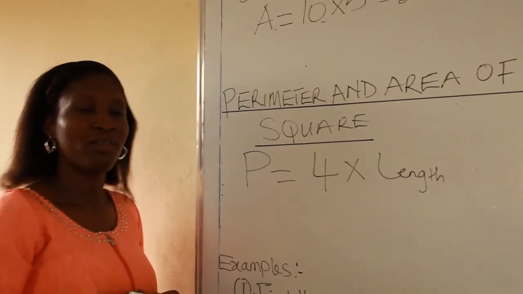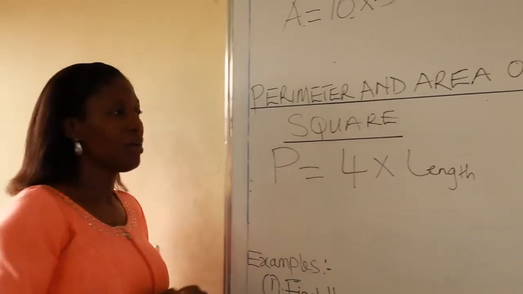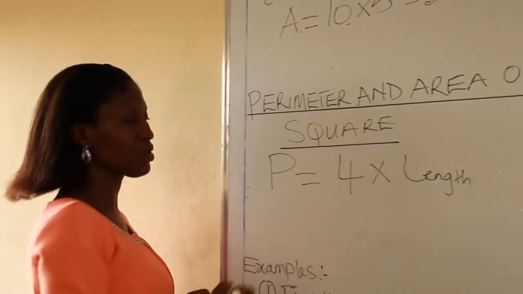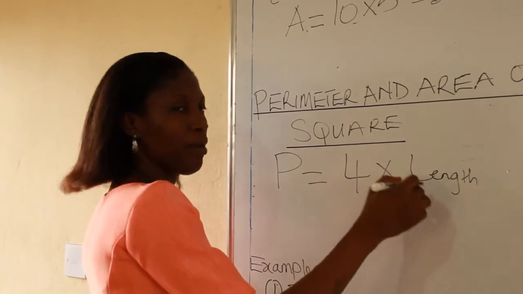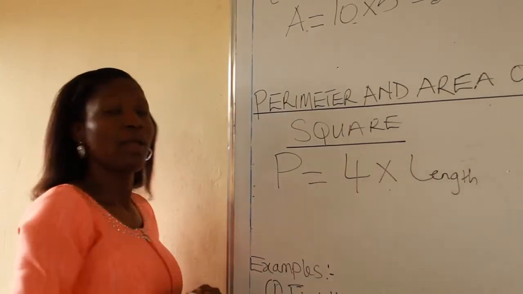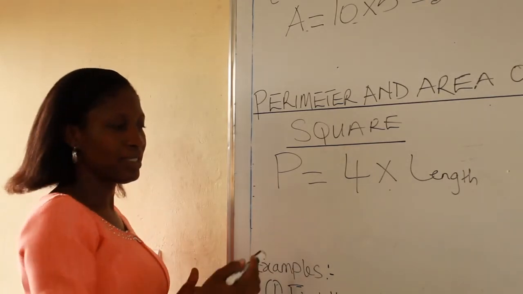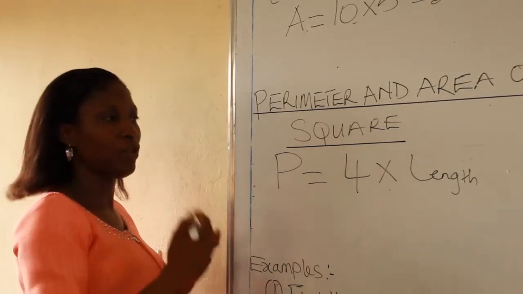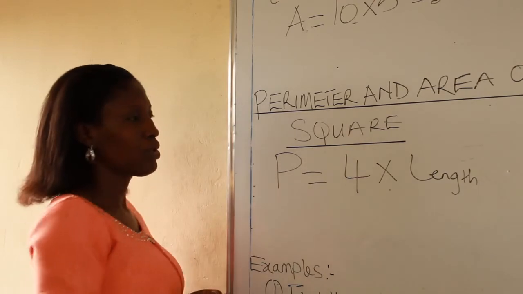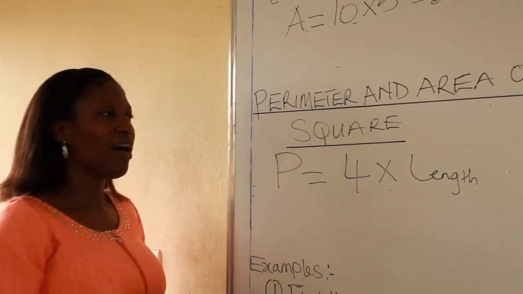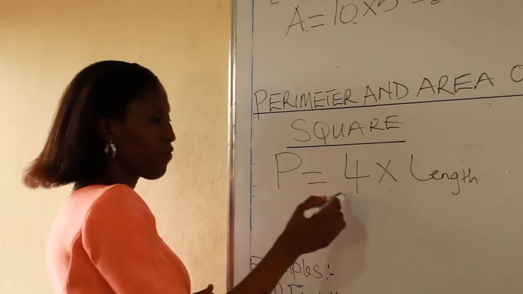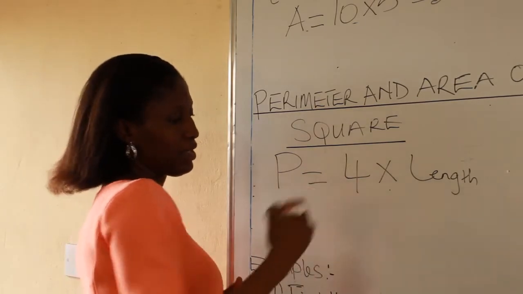The formula for finding the perimeter of a square equals 4 multiplied by length, meaning a square has 4 sides and the lengths are all equal. So the perimeter of a square equals 4 multiplied by length.